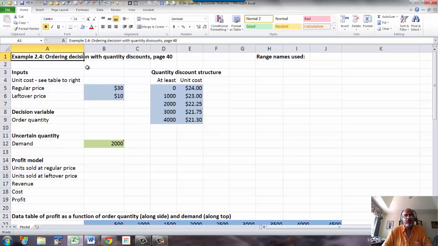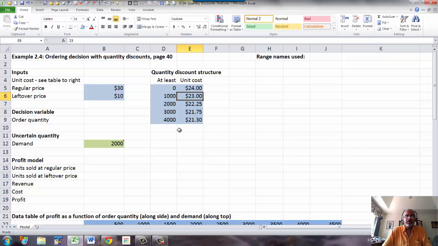The information that we went over is given here: the regular selling price, the leftover price of the book, and here is the unit cost from the publisher. The numbers that you see here are the lower limits. So if you order anywhere between 0 and 999, your cost will be $24 a copy. If you order 1,000 and up, all the way up to 1,999, then that will be the unit cost, and so on.